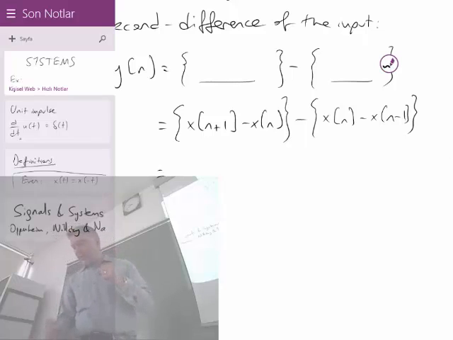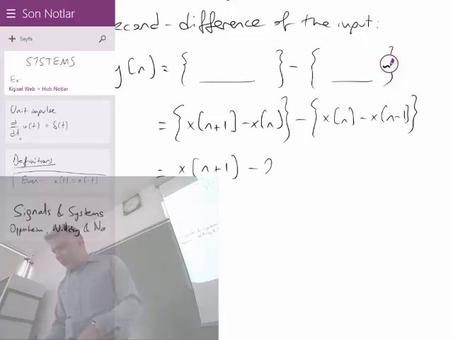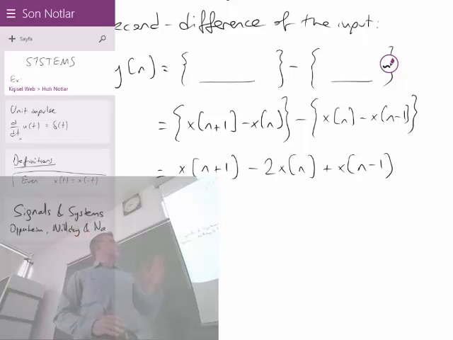And when we expand this, it will be x of n plus 1 minus 2 x of n plus x of n minus 1. This equation at the bottom gives you the second difference of x of n. It has now 3 items instead of 2 items. The 2-item difference will be the first difference. With 3 items like this, it will be the second difference.